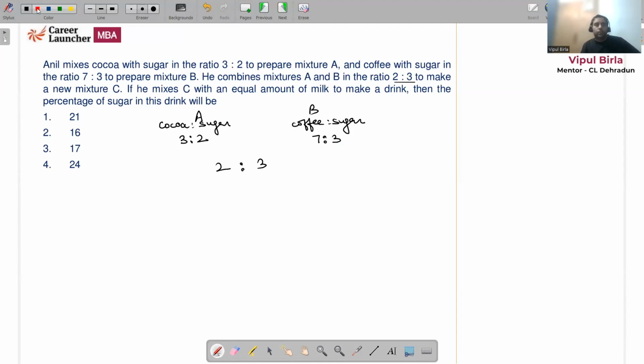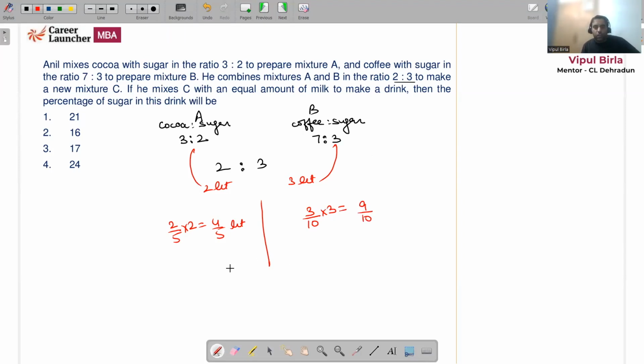Let's say we have taken 2 liter of A and 3 liter of B. Since we are talking about only sugar's percentage, the amount of sugar in A, if we take 2 liter, will be 2/5 of 2, which is 4/5 liter. While in B, it is going to be 3/10 of 3, which is coming out to be nothing but 9/10.